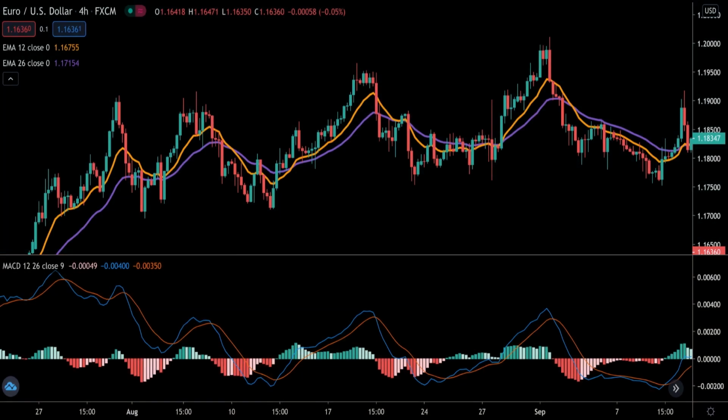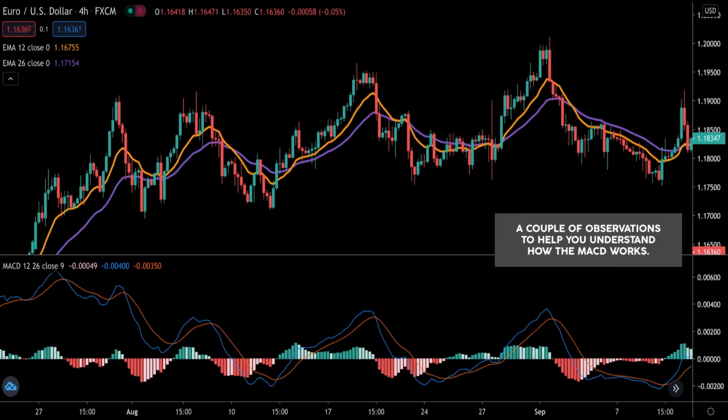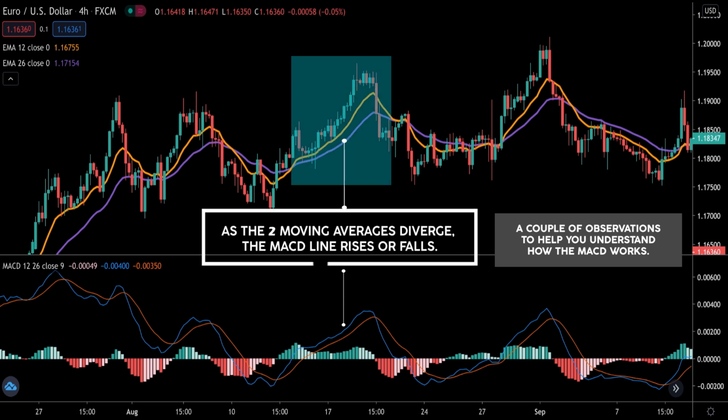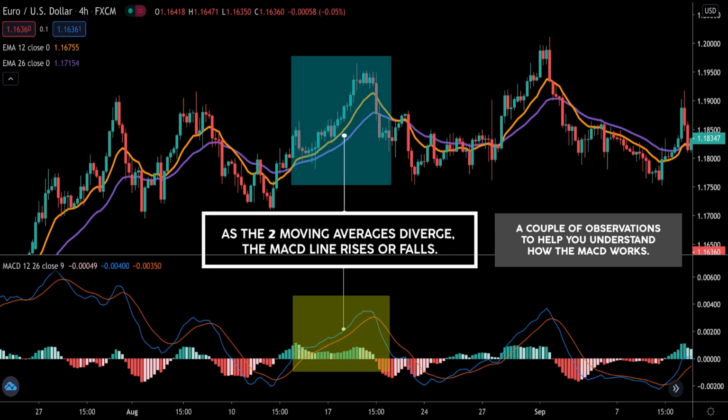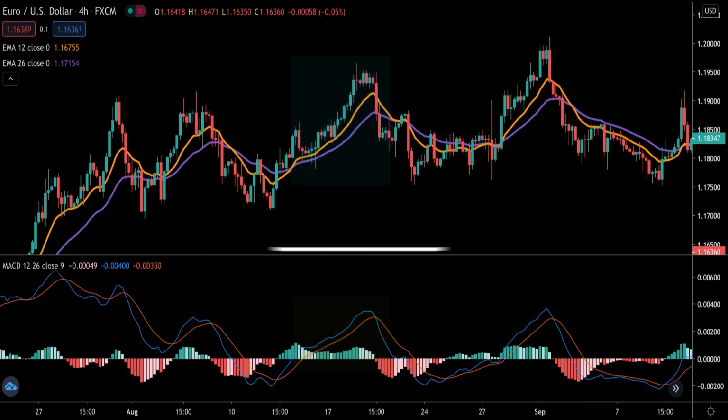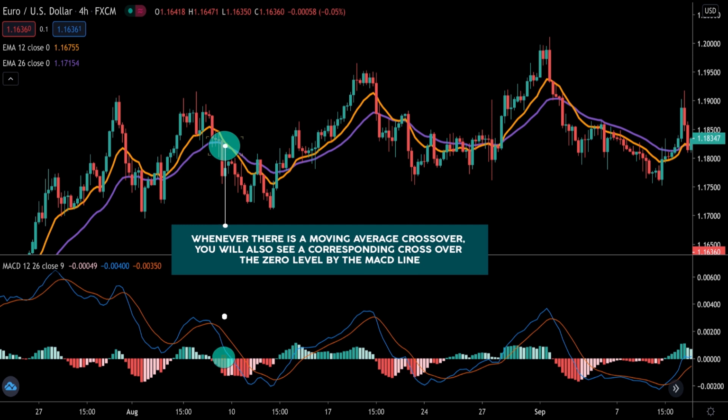A couple of observations to help you understand how the MACD works. The first observation is that as the two moving averages diverge, the MACD line rises or falls. Secondly, whenever there is a moving average crossover, you will also see a corresponding crossover of the zero line by the MACD line.